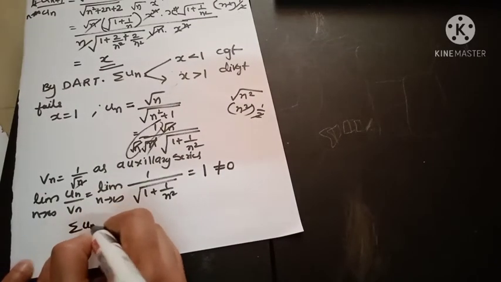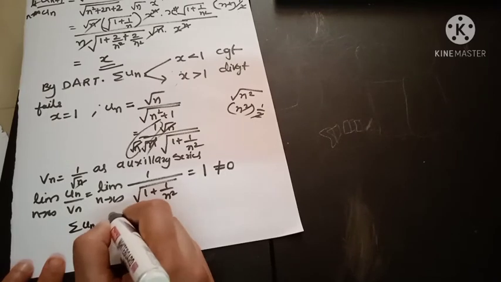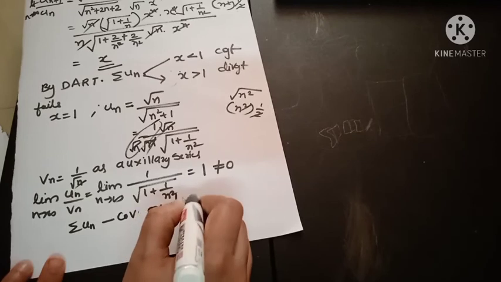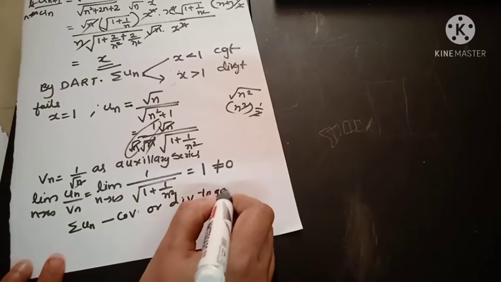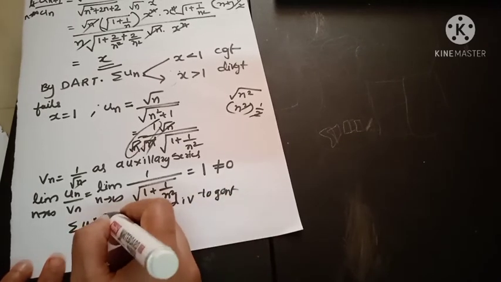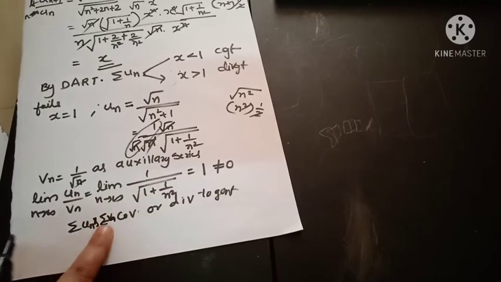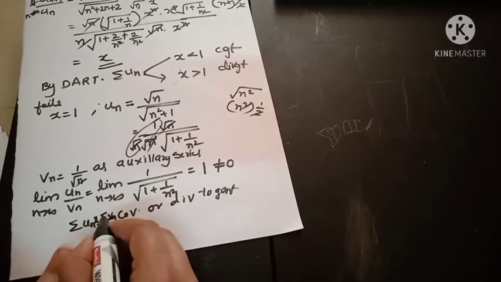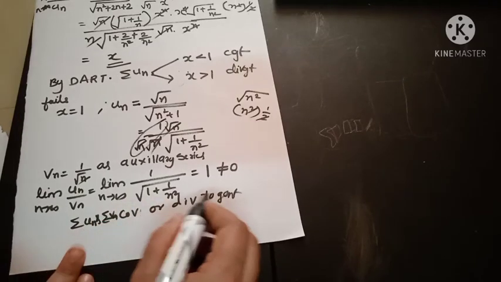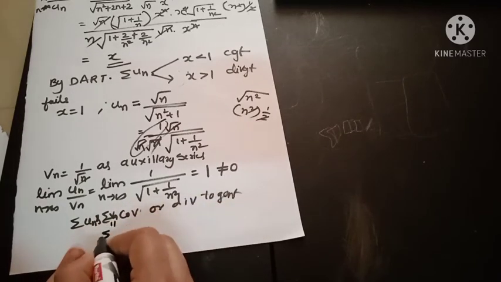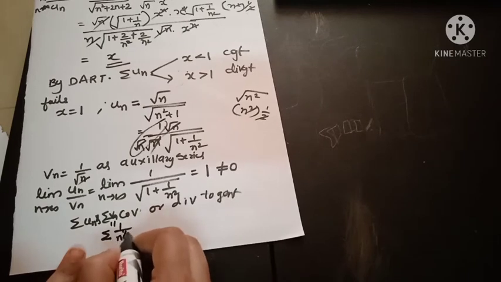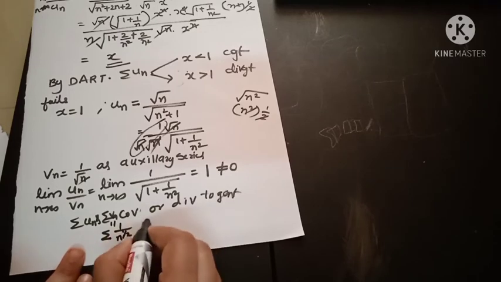Therefore both the series un and vn are convergent or divergent together by the comparison test, limit form. But the vn series, that is 1 by root n, has p value 1 by 2.